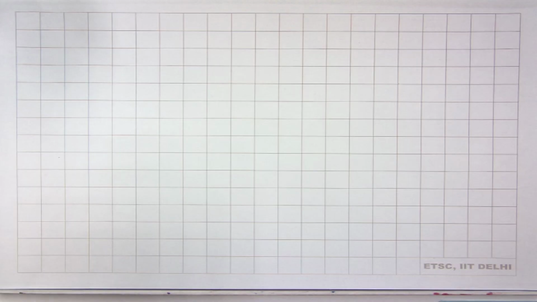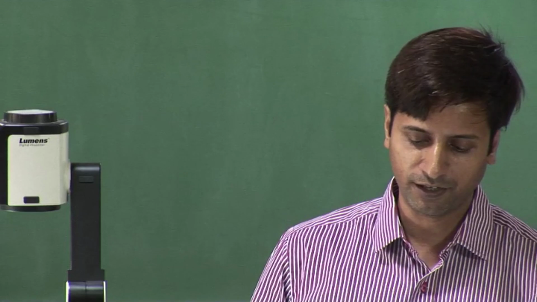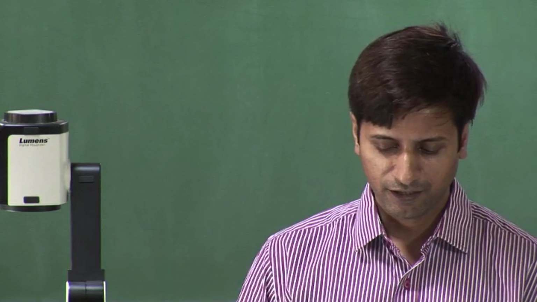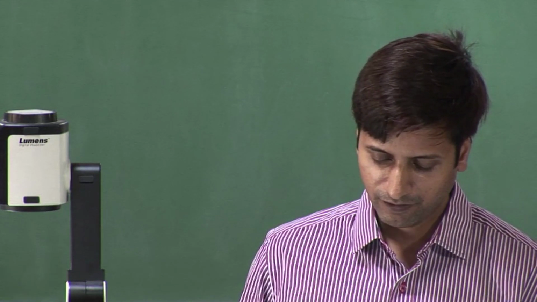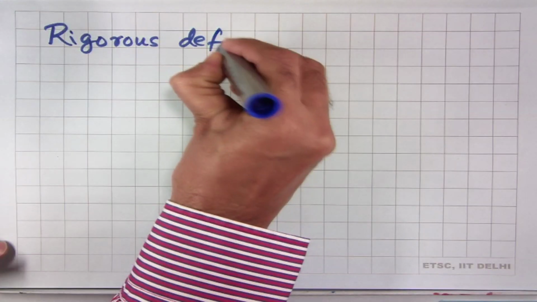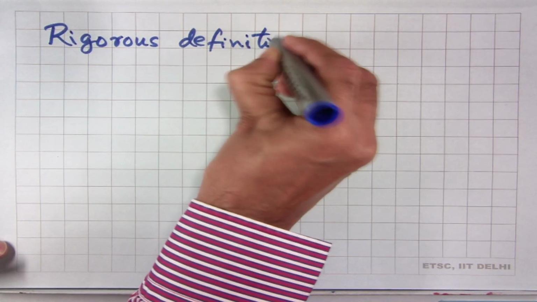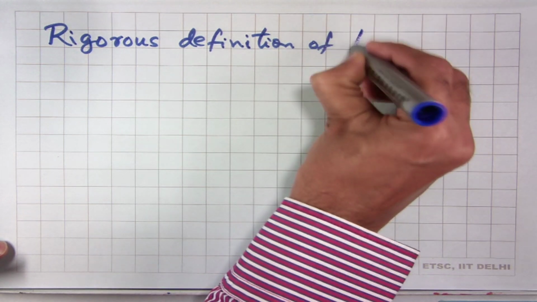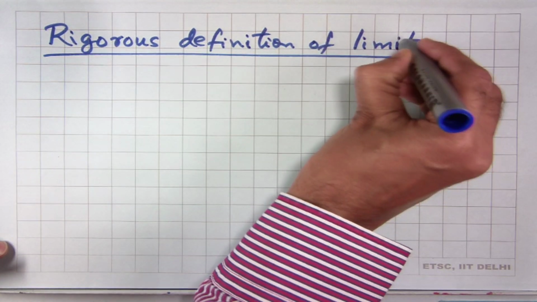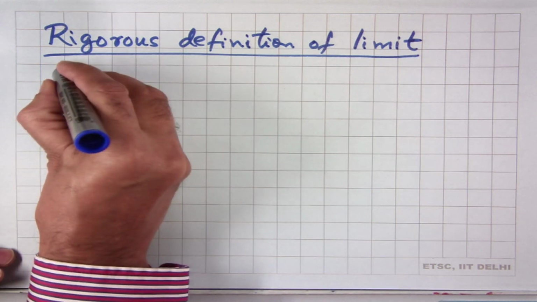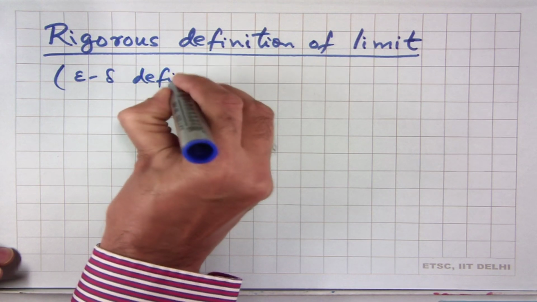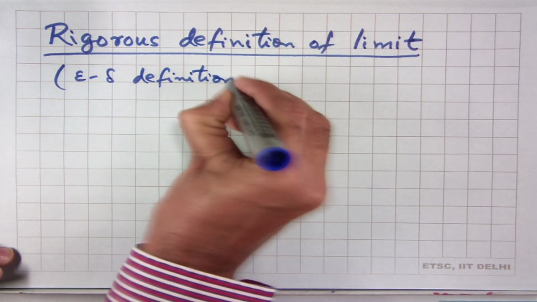So, so far I have given some intuitive notion of the limit of a function. Next, I try to give the rigorous definition. This is also called the epsilon delta definition of limit.